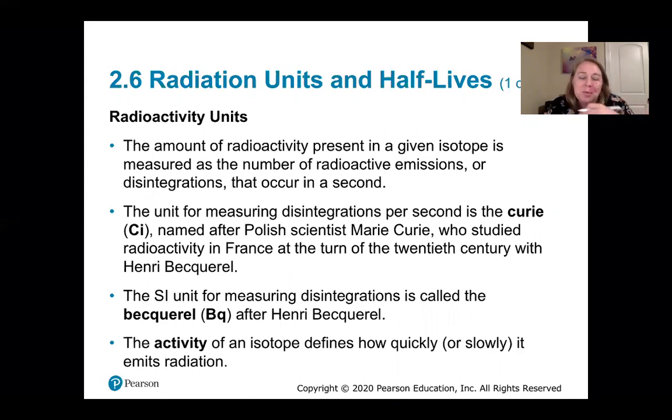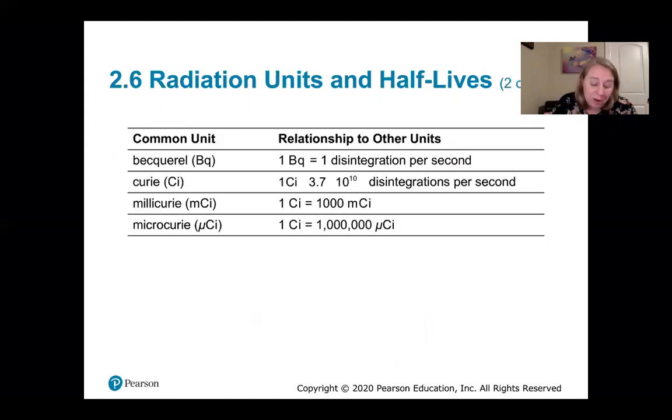When we say this isotope is very radioactively active, and this isotope is not, it's talking about how quickly or how slowly it's emitting radiation. The more activity, the faster it emits radiation and the more dangerous it can be.